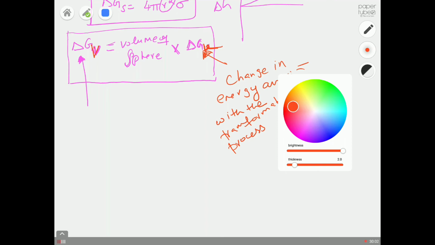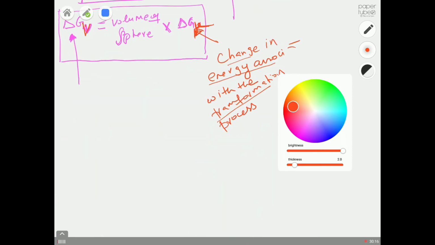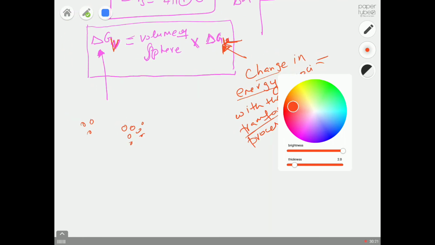In the above, delta GS is the surface area of the sphere times the energy you need to create at that surface. But delta GV is the change in energy from the transformation: you have some intermediate phase that creates from solution and eventually transforms into some volume. Whatever change in energy happened here will be reflected in this number.